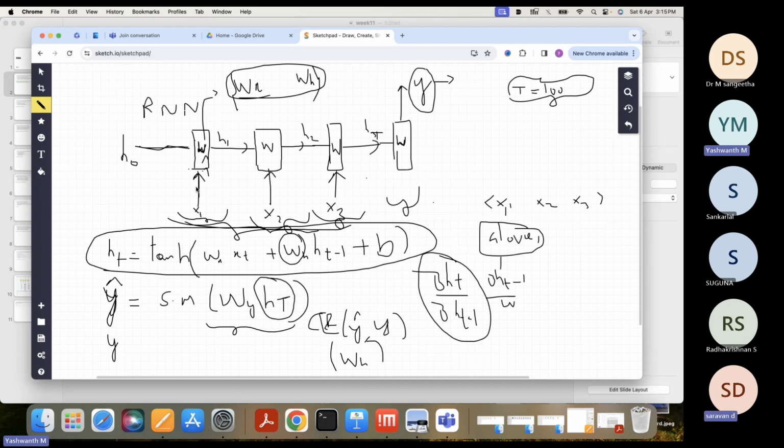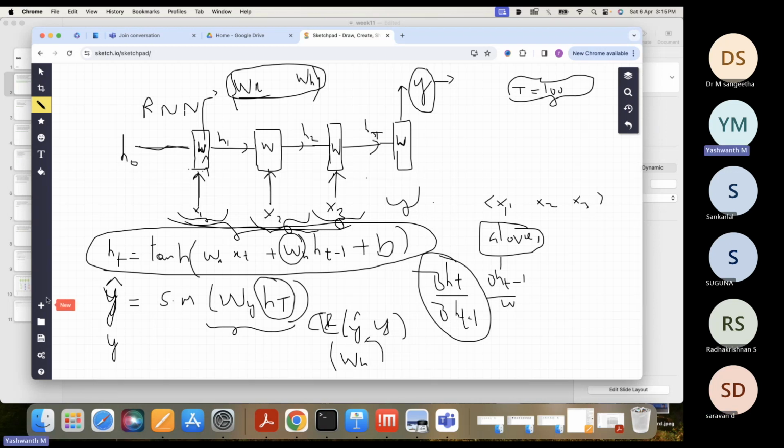So this is called the vanishing gradient problem. This is seen with simple RNNs, and this is overcome using a little bit more sophisticated architecture such as LSTMs and GRUs.